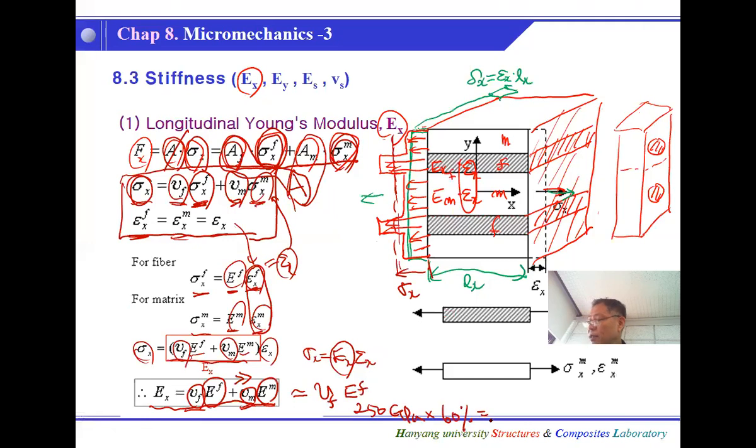Then you get about 150 gigapascal in x-directional stiffness. This is good enough and accurate enough. But again, this doesn't tell us anything about how much stress. This is the stiffness.